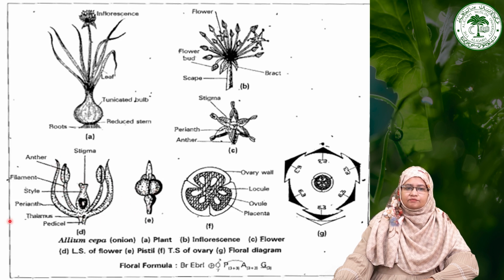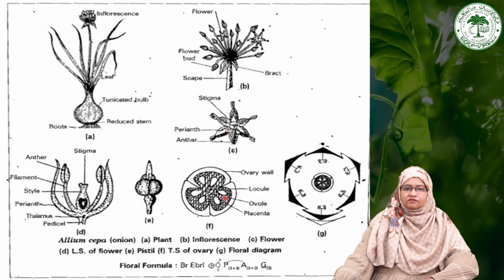This is the habit or twig of the plant, this is the whole inflorescence, this is the L.S. of the flower, and this single flower shows all the six tepals, six stamens, and a trilobed stigma. You can see perianth, anthers and stigma.